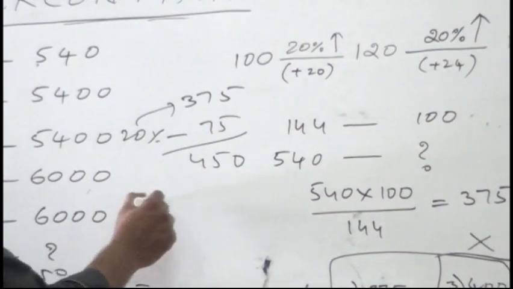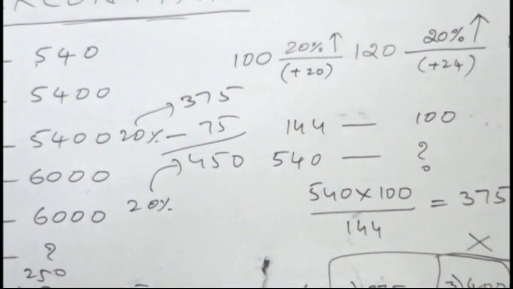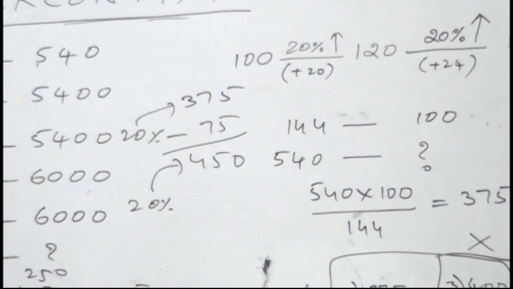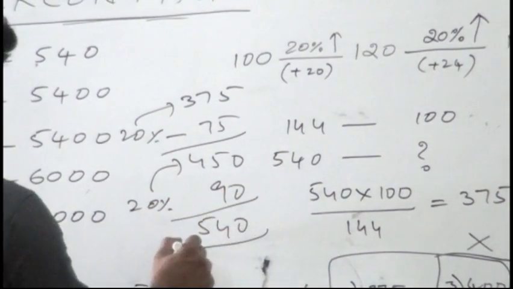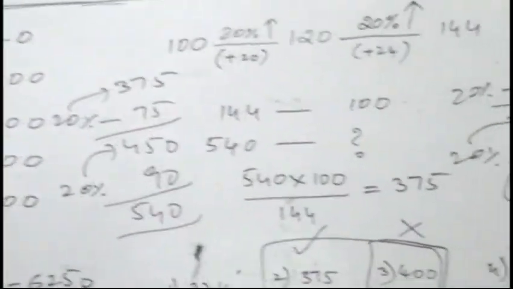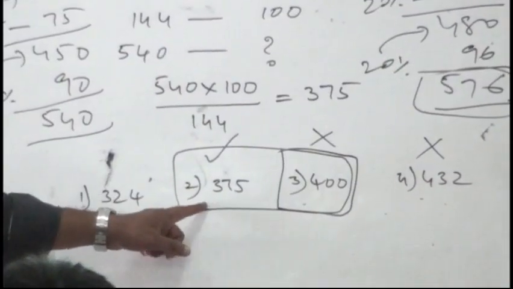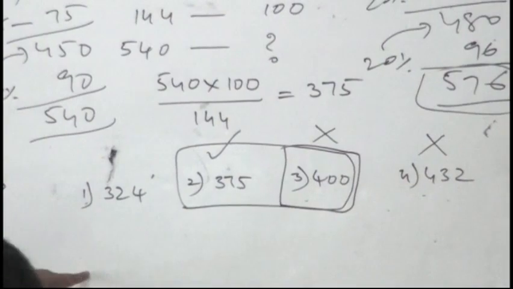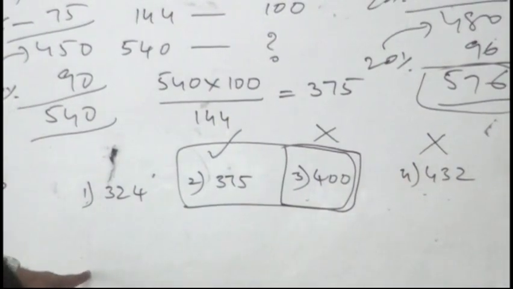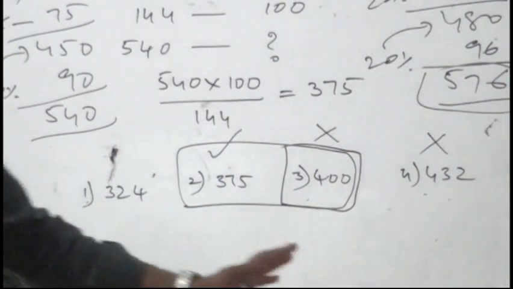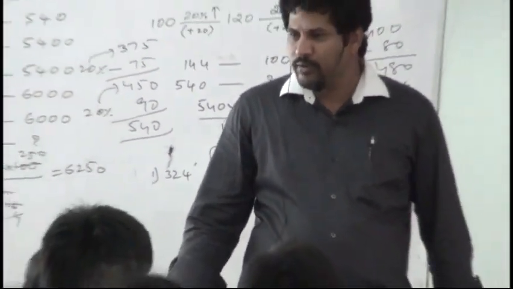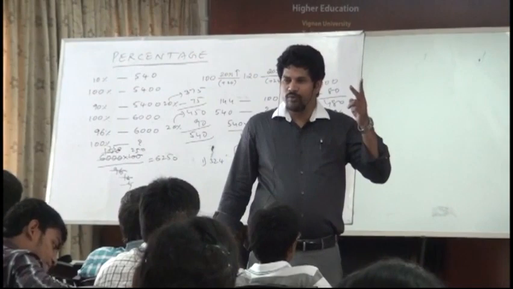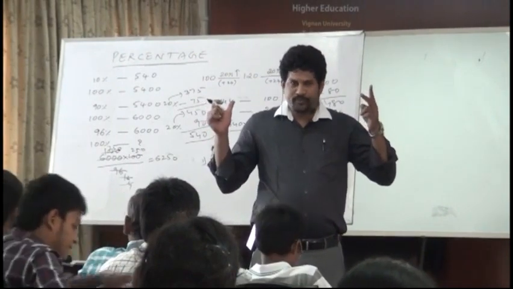Again another 20% on 450. 10% of 450, 45. 20%, 90. 450 plus 90, 540. So this is our answer. Even if this is not equal to 540, then this should be the answer. You never have to try more than twice. Are you getting my point? So this is how you can solve.